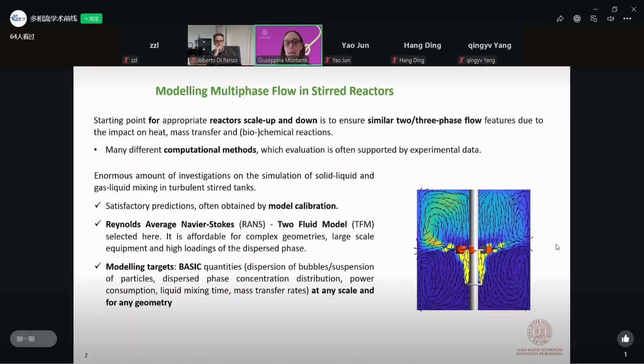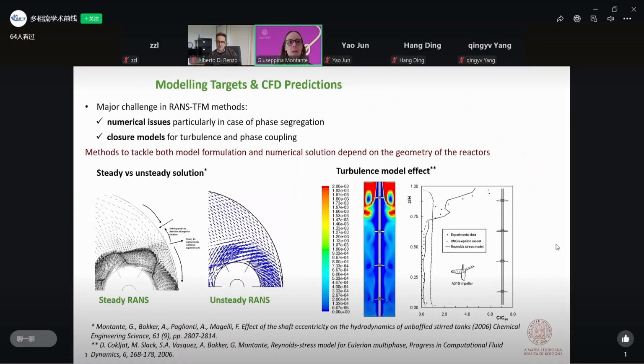Modeling targets are basic quantities first, because if we don't get these fundamental quantities right, we cannot predict reliably the reactor performances, and this has to be achieved at any scale and at any geometry. In the realm of the Reynolds-averaged two-fluid model methods, we have to deal with 2 main challenges.